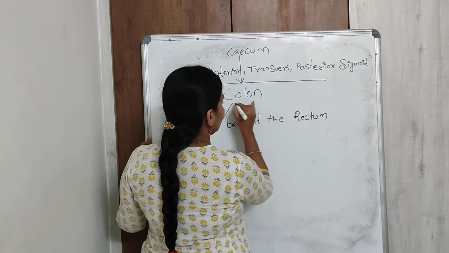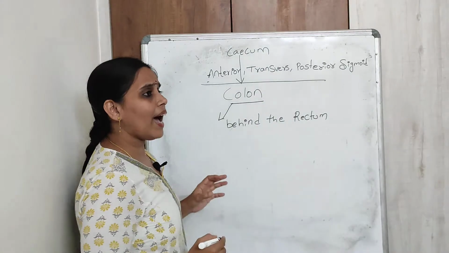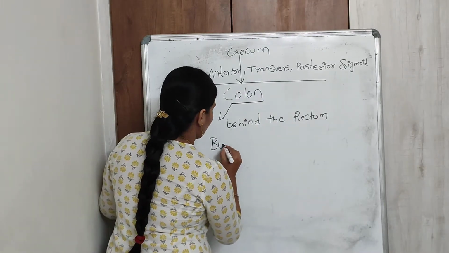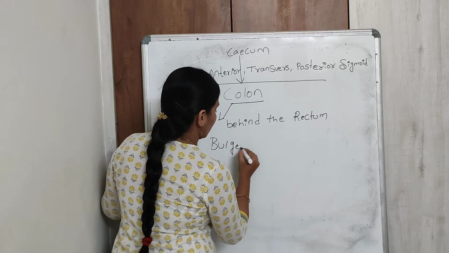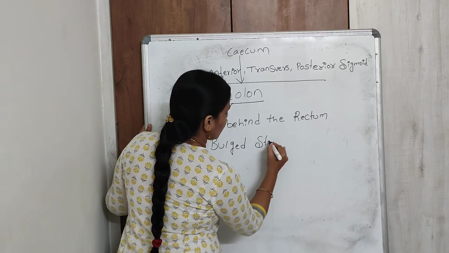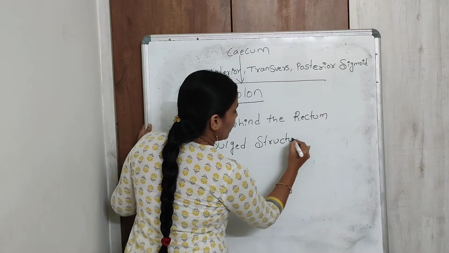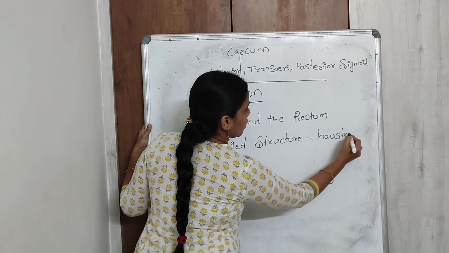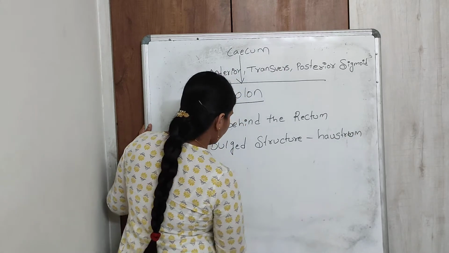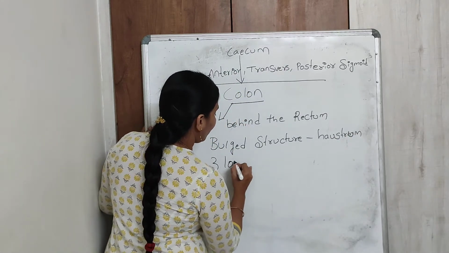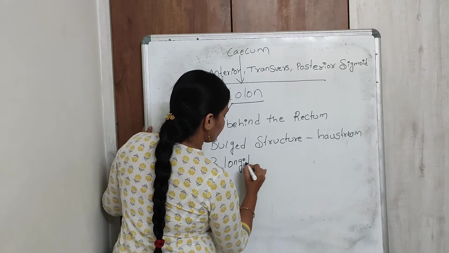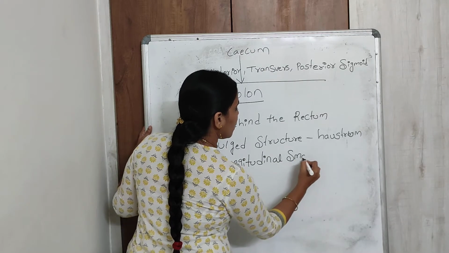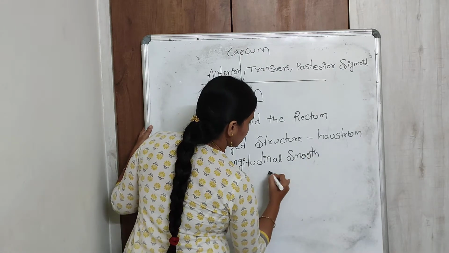And what is present inside the colon? Colon has some bulged out structures, children. Some bulged structures called haustra, and three longitudinal smooth muscles.